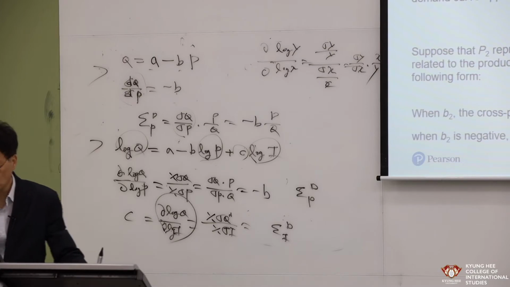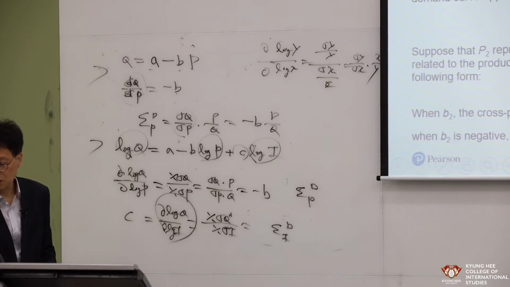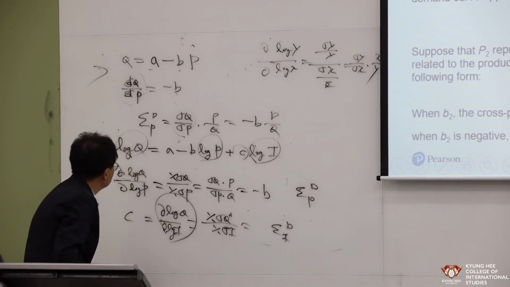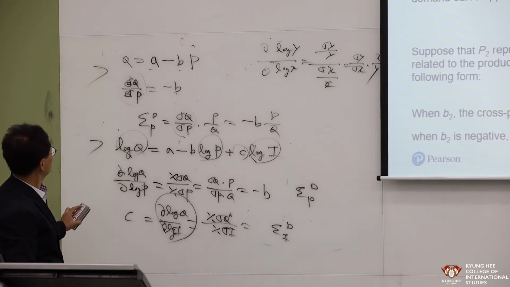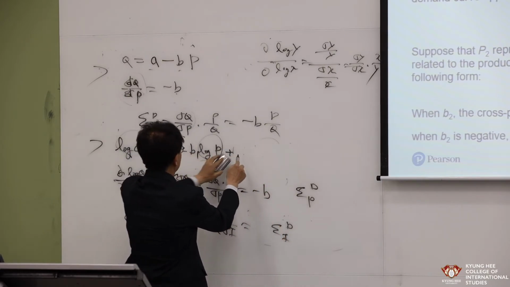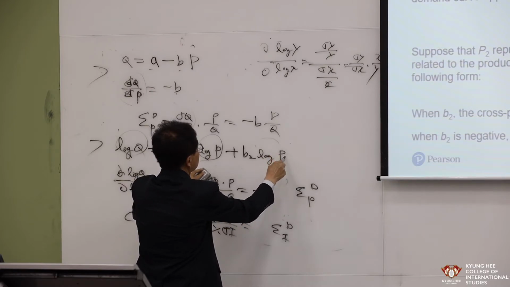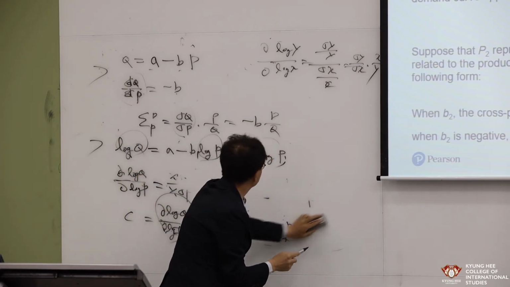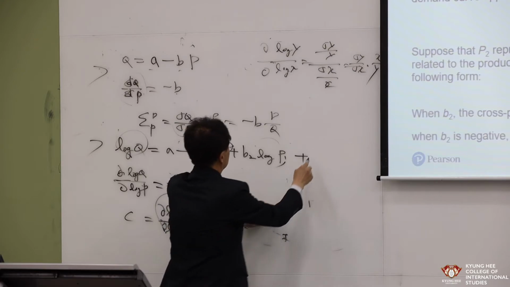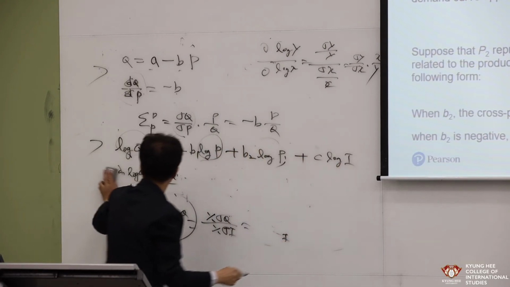Because of this, we use the logarithm specification, right? Also this function, some use this kind of thing: B1 plus B2 log price of other good, relating good, plus C log income, okay?